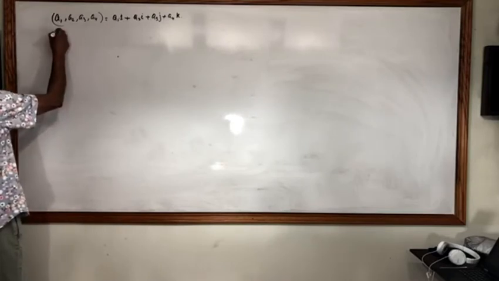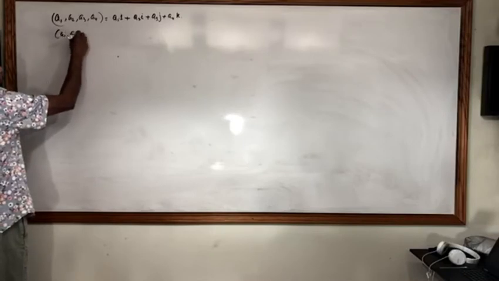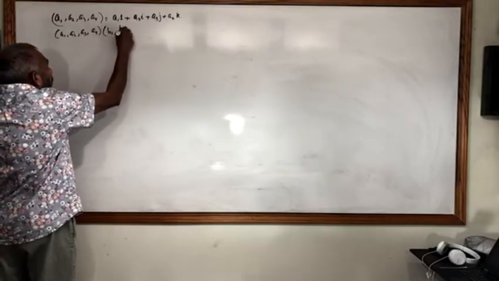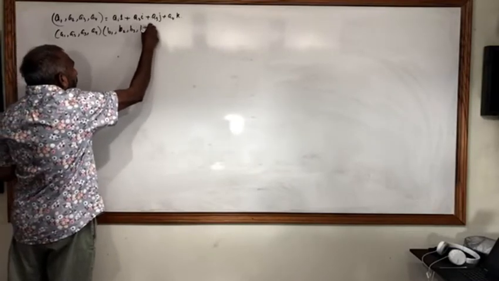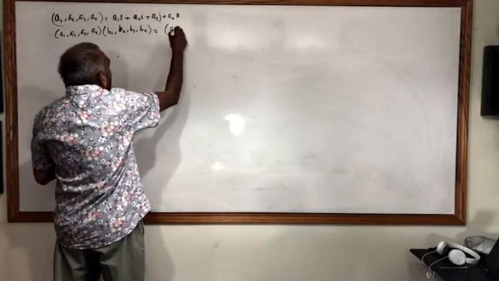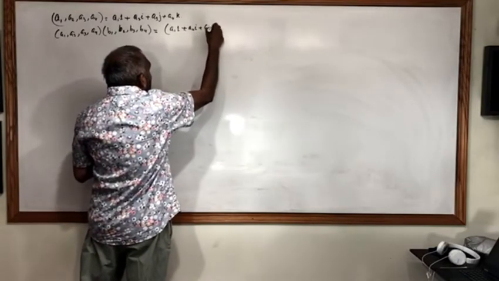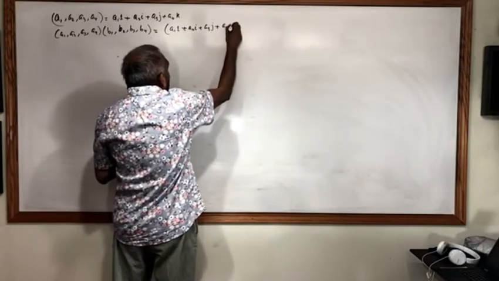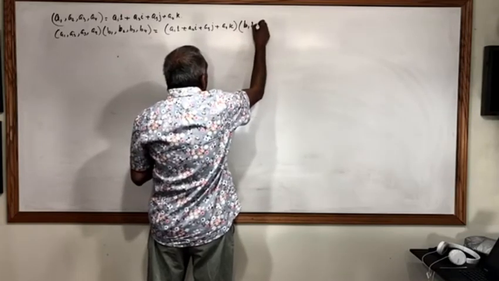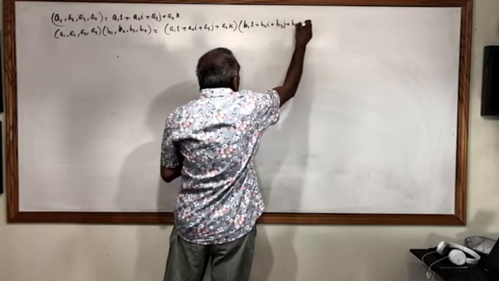The multiplication can be written as (a1, a2, a3, a4) times (b1, b2, b3, b4) as (a1·1 + a2i + a3j + a4k) times (b1·1 + b2i + b3j + b4k).